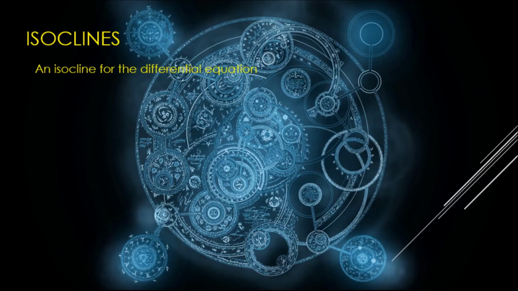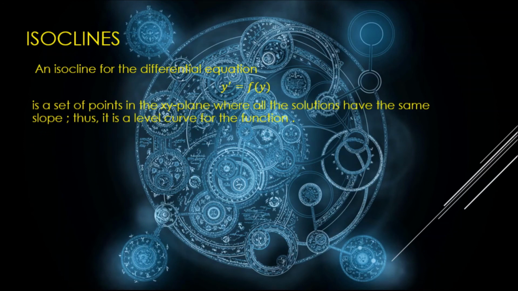An isocline for a differential equation y prime is equal to a function of y is a set of points in the xy plane where all the solutions have the same slope. Thus, it is a level curve for the function.